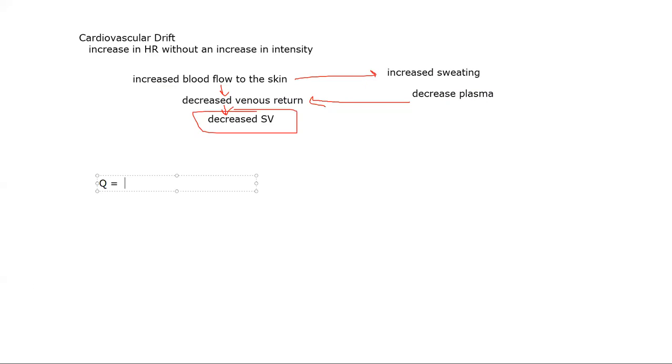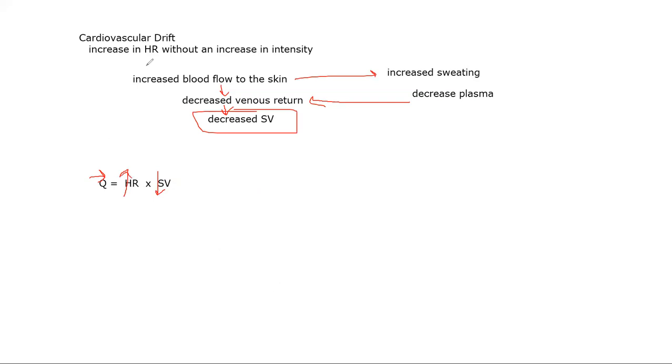Cardiac output depends on heart rate and stroke volume. So in this situation, we need cardiac output to stay the same, but stroke volume is decreasing. So what has to happen to heart rate in order to maintain cardiac output? To increase. It has to increase.